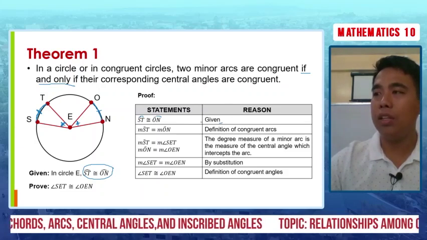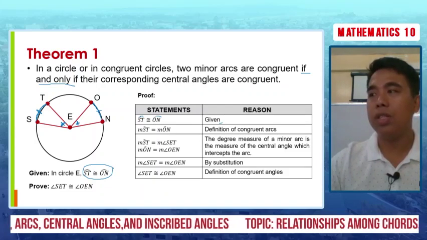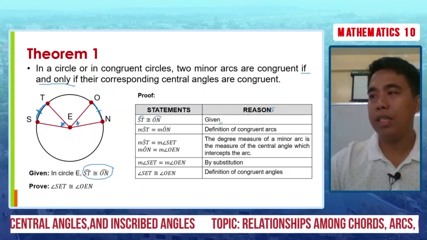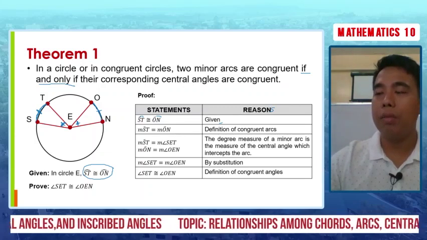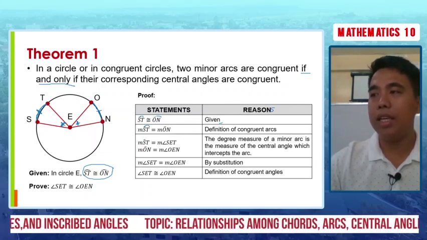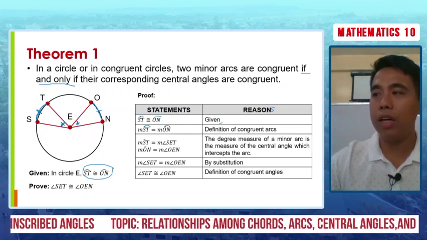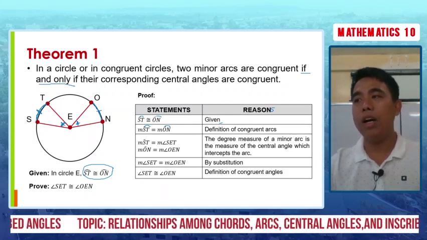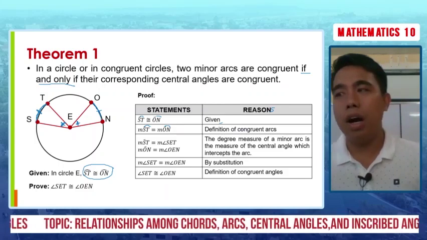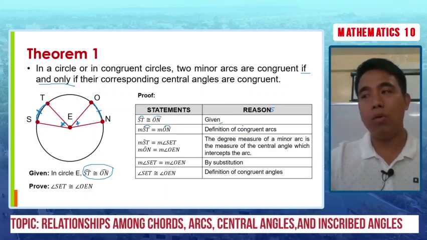So we will prove using a two-column proof: statements and then reasons. The measure of arc ST is equal to the measure of arc ON. Definition of congruent arcs: if two arcs are congruent, then they have equal measures.